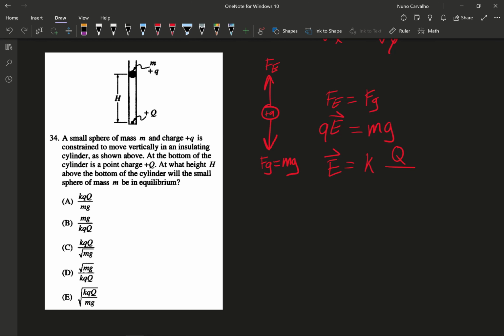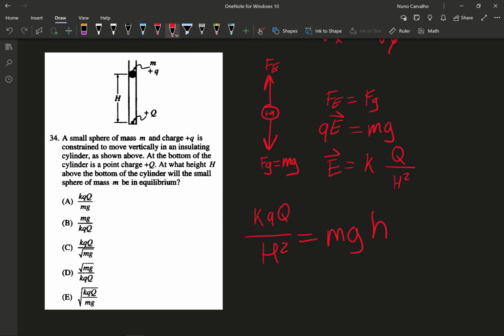Well, R squared is actually just going to be H squared, because this distance here is exactly what they're asking us about. So we just have that now. So we can then replug this back in. We say that it will look something like this formula here. That's equal to mg. And keep in mind, this is a force.